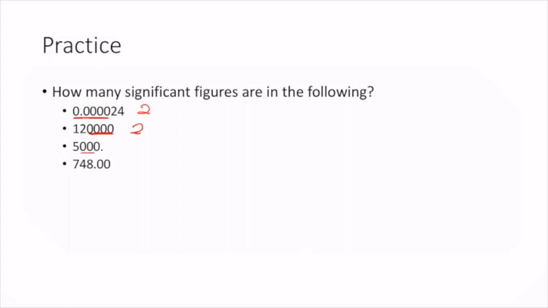We have trailing zeros in the third example, but this time we do have a decimal point, so that gives us 4 significant figures. And in the last one, we have trailing zeros after a decimal point, so we have 5 significant figures.